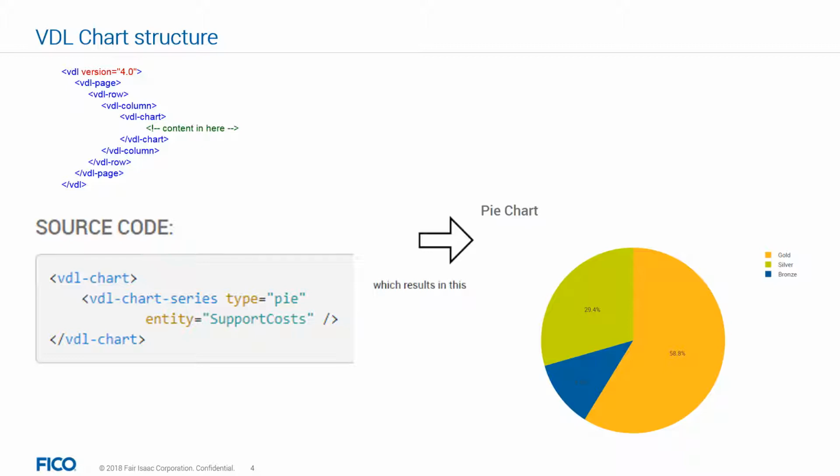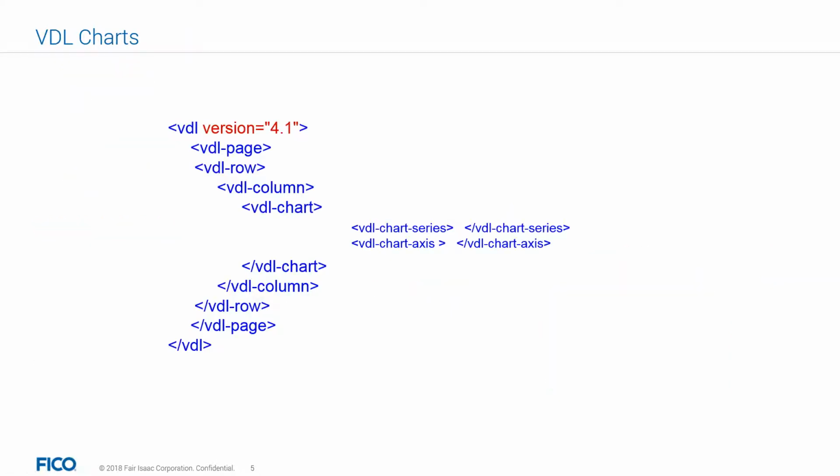It is straightforward to create a VDL chart. The significant tags are VDL chart, the container element for all charts. You can set a title for the chart with the title attribute. The tag VDL chart axis allows you to define X and Y axis for your chart via the axis attribute, to give your axis titles via the title attribute, and to specify the axis type with the type attribute.